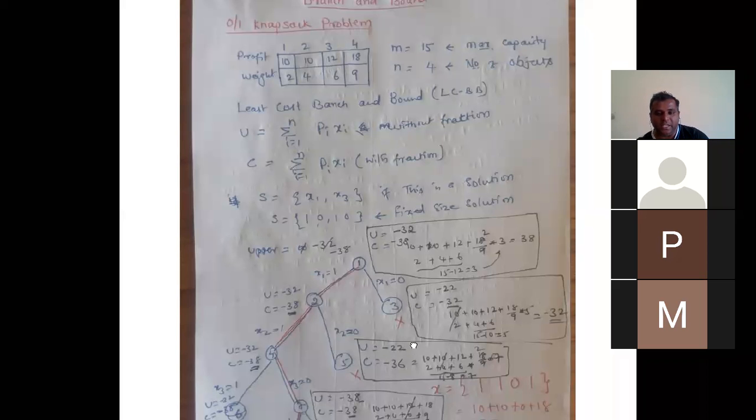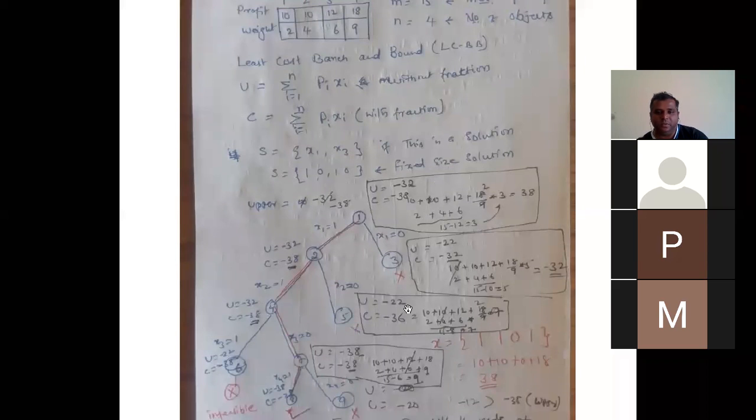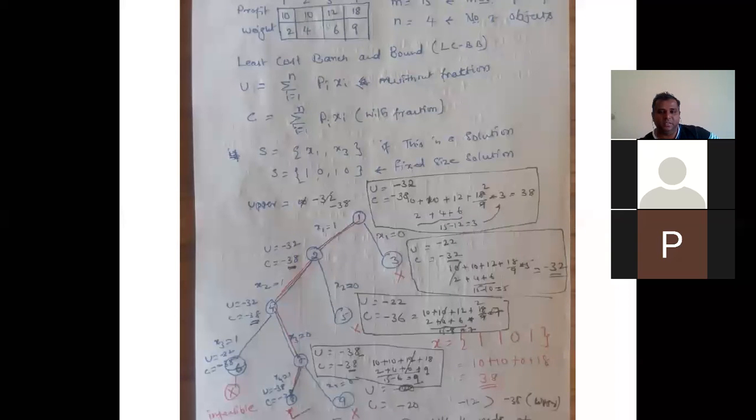So with considering fraction, the first object is considered, 10, the second object is not considered, the third object is considered, 12, and a fraction of the fourth object. Remaining capacity is 7, weight of the current object is 9, and profit of the current object is 18. When you evaluate, we'll get minus 36. So C value of node 5 is minus 36.